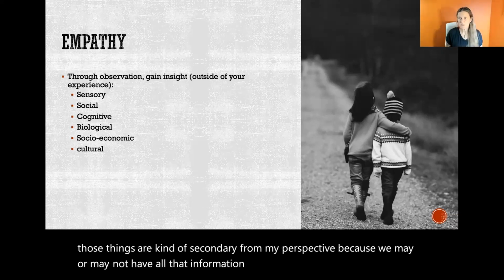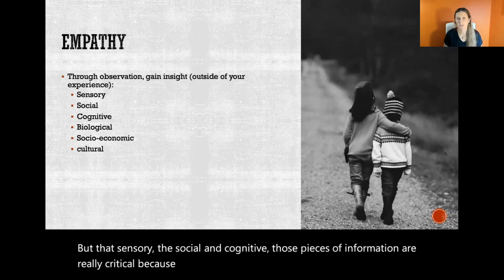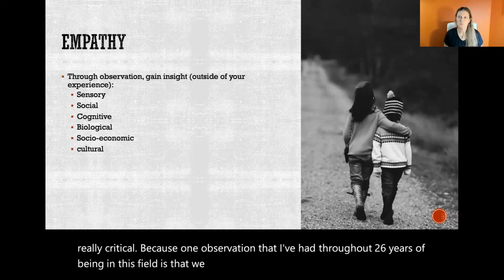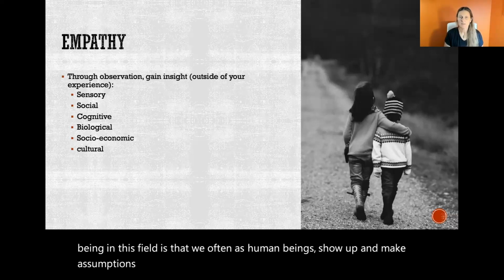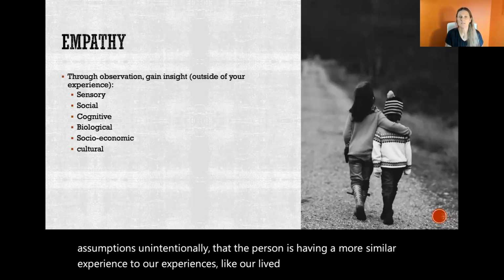But the sensory, the social, and cognitive pieces of information are really critical, because one observation that I've had throughout 26 years of being in this field is that we often as human beings show up and make assumptions, unintentionally, that the person is having a more similar experience to our lived experiences than they really are.